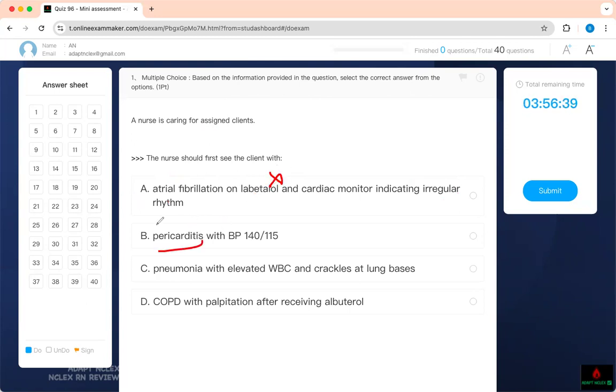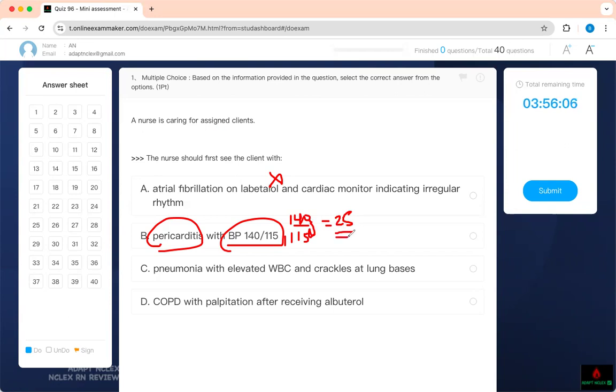Ignore it. Pericarditis with a blood pressure of 140 over 115. As you can see, it does not look like there is a normal pulse pressure. Every time they give me a pericarditis patient, I want to know if they have tamponade. If they give you chest pain that is relieved by leaning forward, don't worry about it. But if they give you signs and symptoms of tamponade, that is your key. 140 and 115, the difference between them is 25.